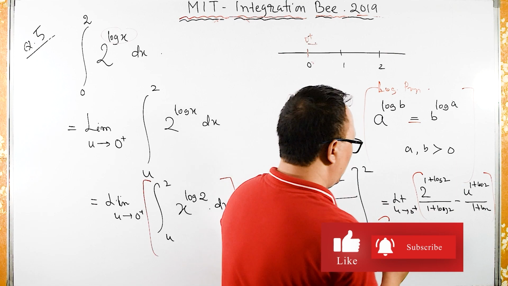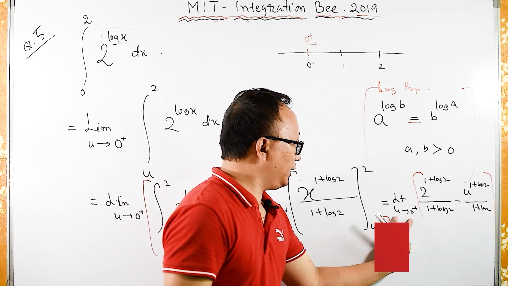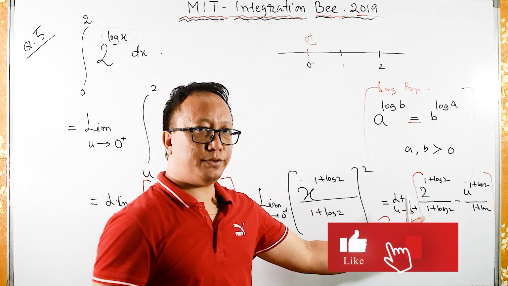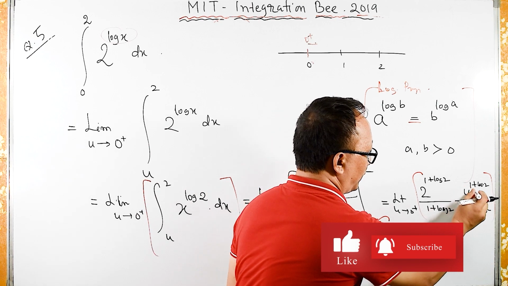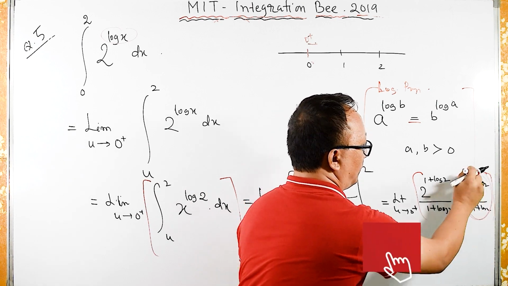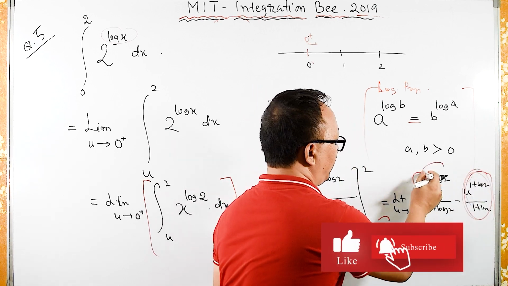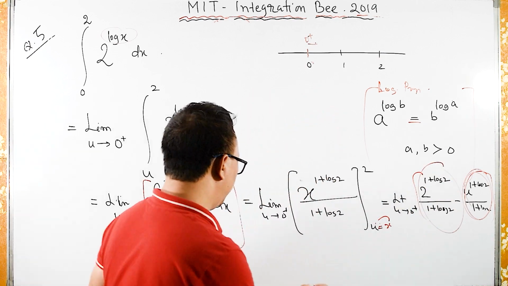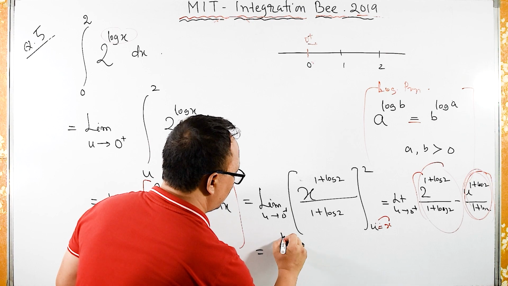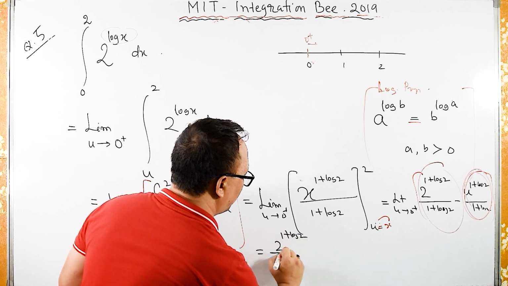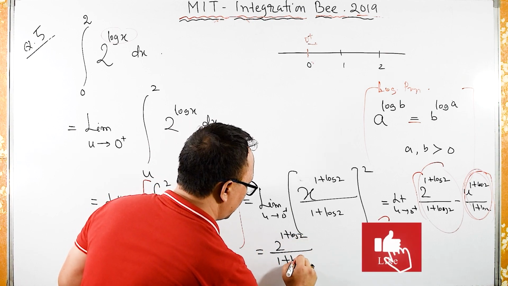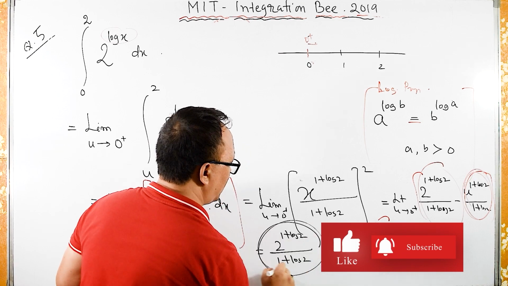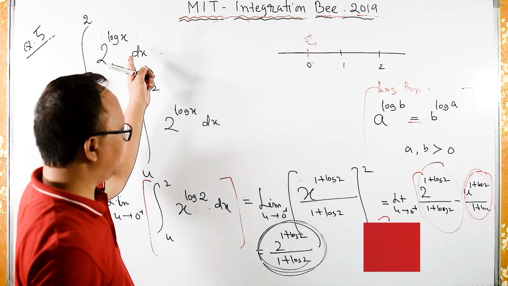Now when u tends to 0, we have u over here, so this whole term becomes 0. So this doesn't affect when u tends to 0. Therefore we have only 2 raised to 1 plus log 2 upon 1 plus log of 2. This is the required answer for this.